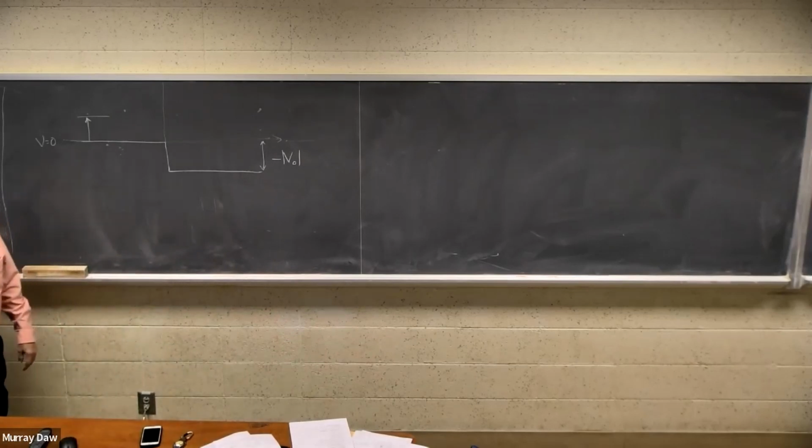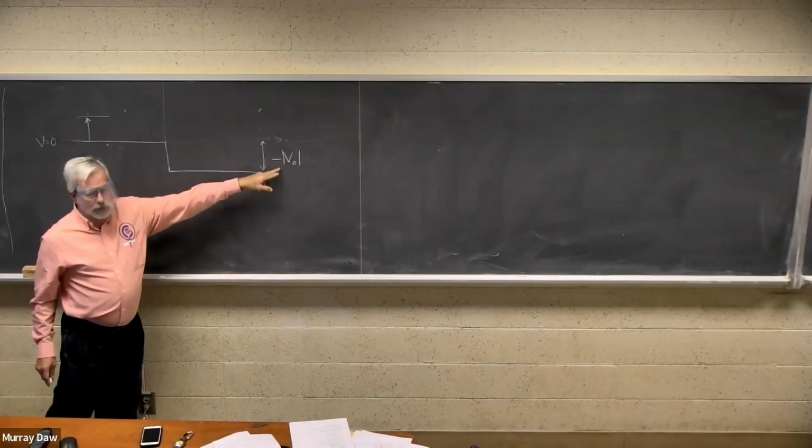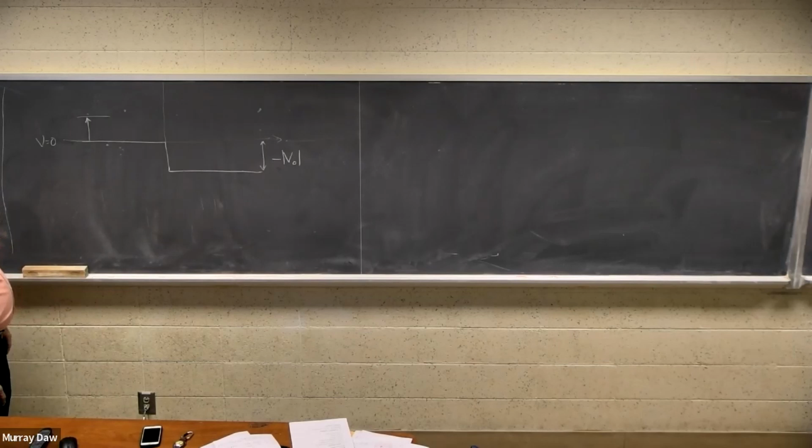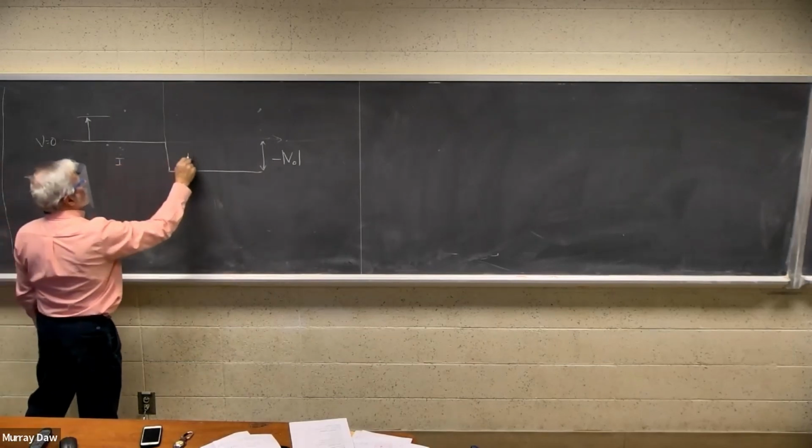So let's just sketch how this would work. I wrote it this way to make sure that everybody understands this is a negative number, right? Again, let's follow through. This is region 1, this is region 2.